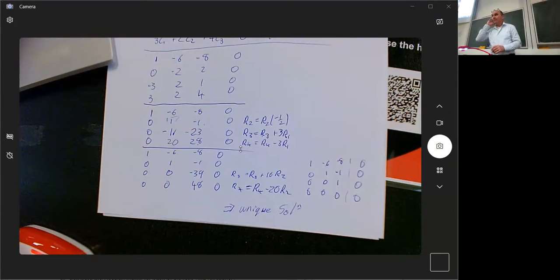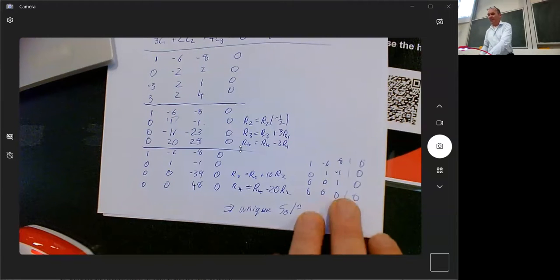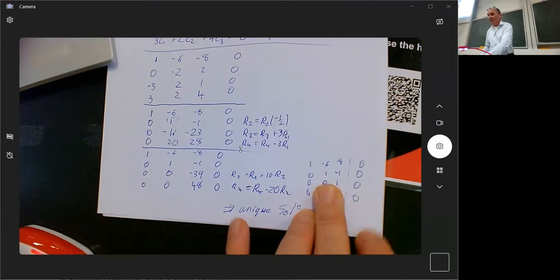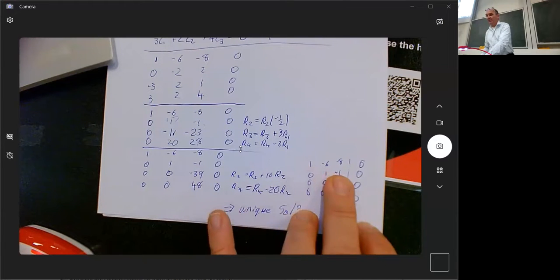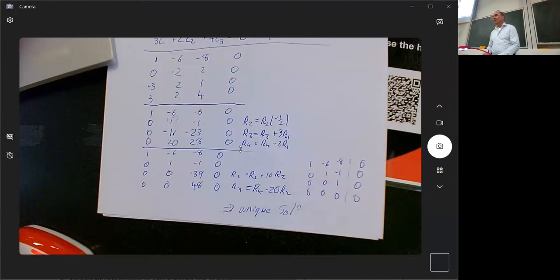So, I mean, I could work out what those values are by back substituting, but this says C3 is equal to 0. If C3 is equal to 0, C2 must be equal to 0. If C2 and C3 are equal to 0, C1 must be 0. And so I can go, hey, this has a unique solution, which is the trivial solution.